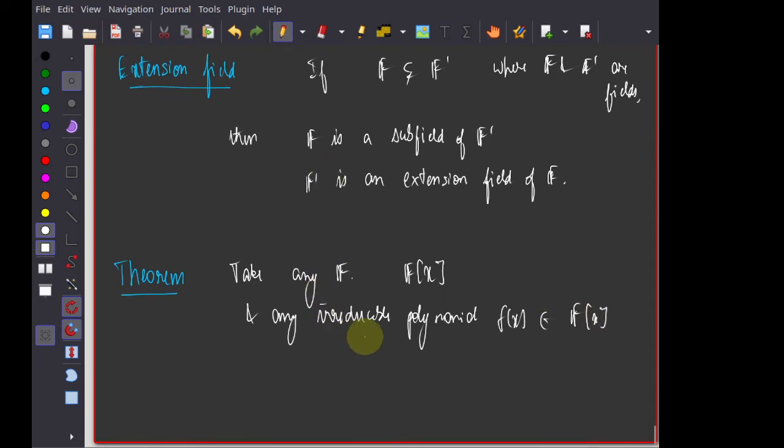The claim is that the set F of x modulo this irreducible polynomial, the set of residues of F of x modulo this irreducible polynomial, is a field.